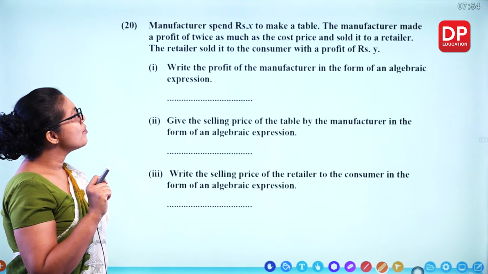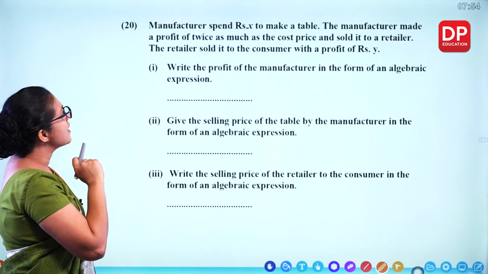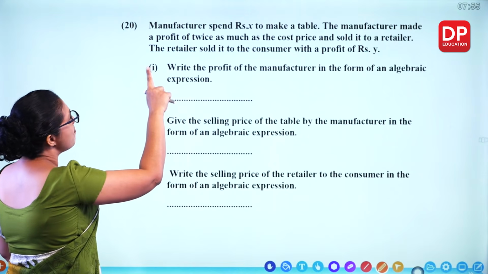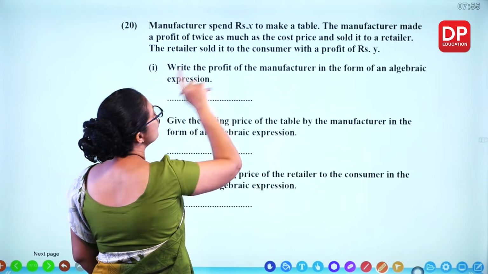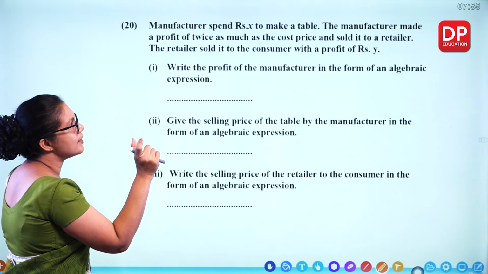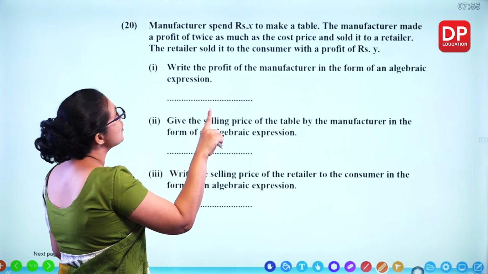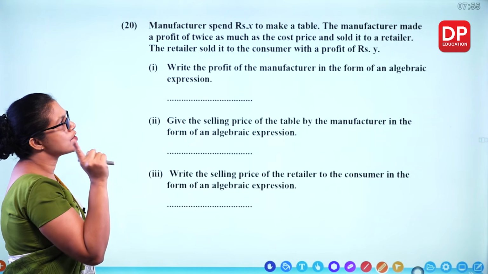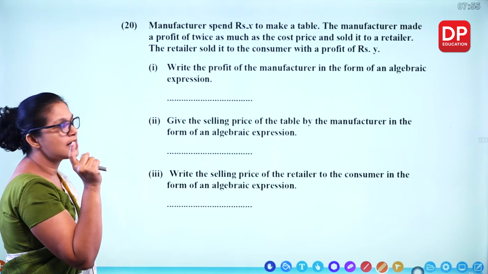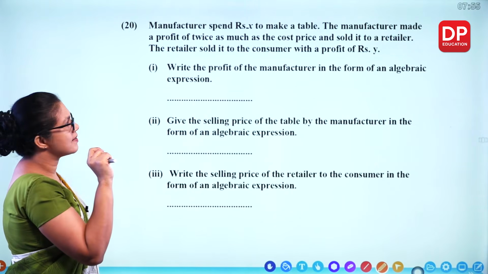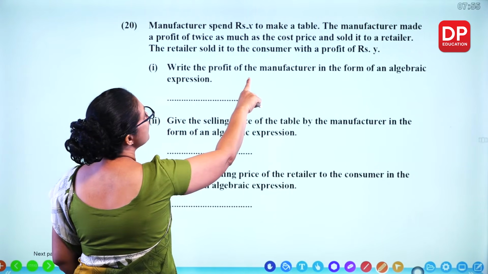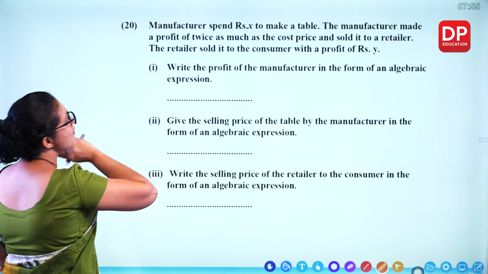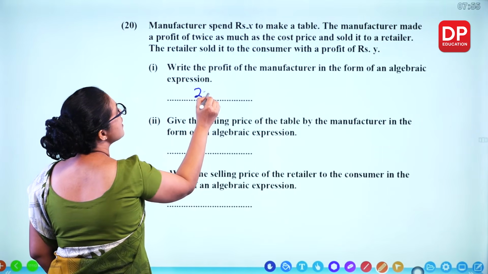So how can you write down an algebraic expression? Manufacturer spent X to make a table. That's the cost value. The manufacturer made a profit of twice as much as the cost price. So what's the profit? 2X. So that's 2X.